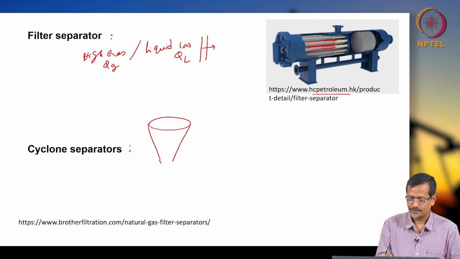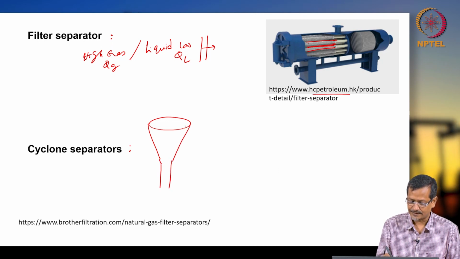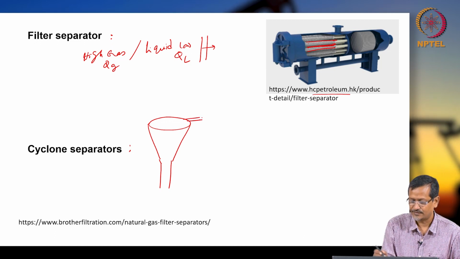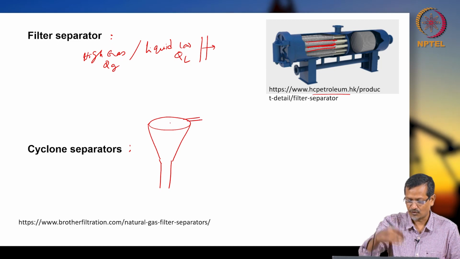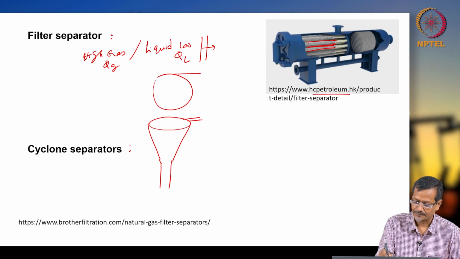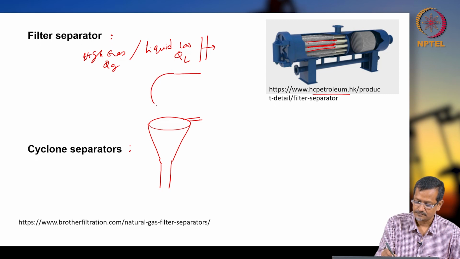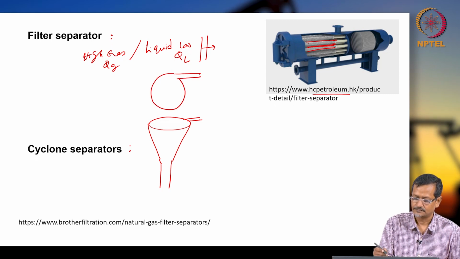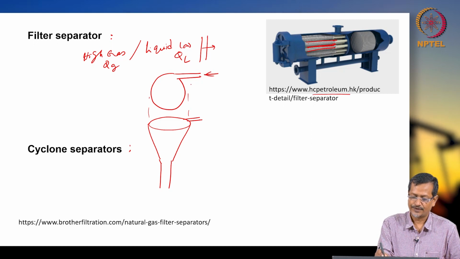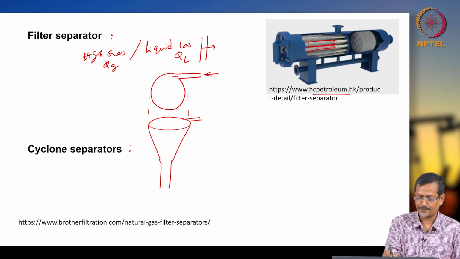Okay. So the cyclone separator will be like this, and fluid entry will be tangential. Okay, it will be like this. If I take a top picture of this one, it will look like this. Fluid is entering here, so tangential fluid entry is happening.